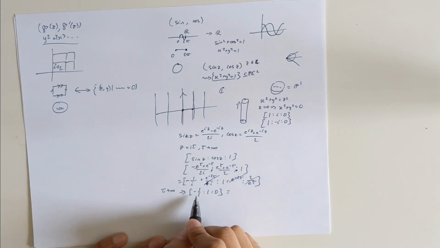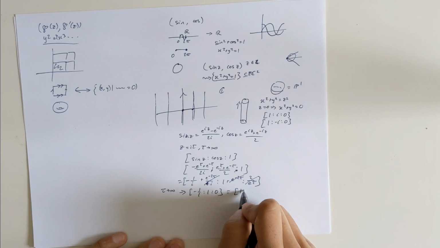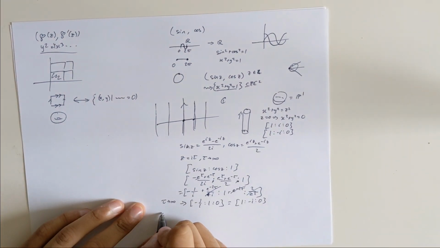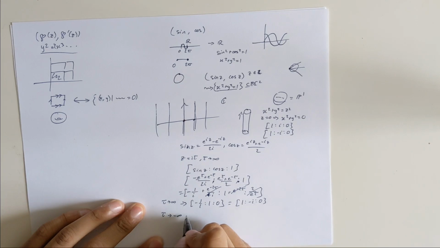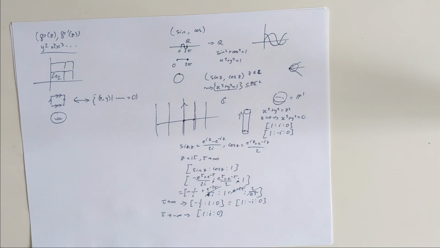Or in other words, if you divide through by i, then this will be 1, negative i, 0. I encourage you to check that if you let tau approach negative infinity, then what you end up with is 1, i, 0. So what we see is that by an explicit parameterization, we're able to recover the points at infinity over here.